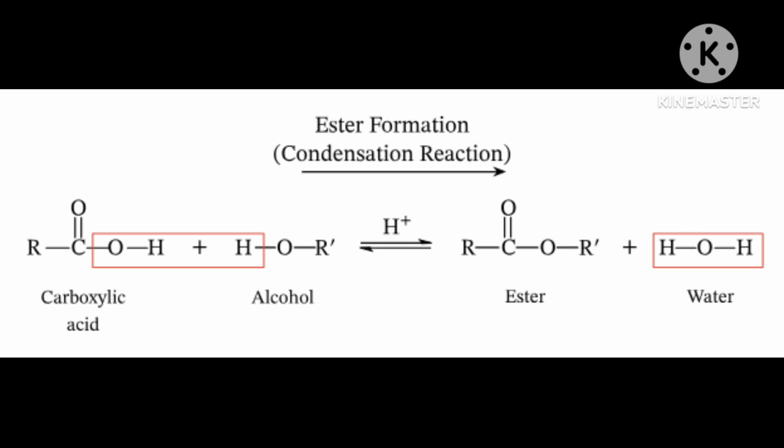Now I am telling you the preparation of alcohol from Grignard reagent. Alcohols are produced by the reaction of Grignard reagents with aldehydes and ketones. The first step of the reaction is the nucleophilic addition of Grignard reagent to the carbonyl group to form an adduct.